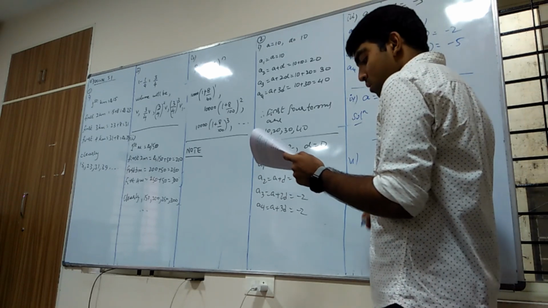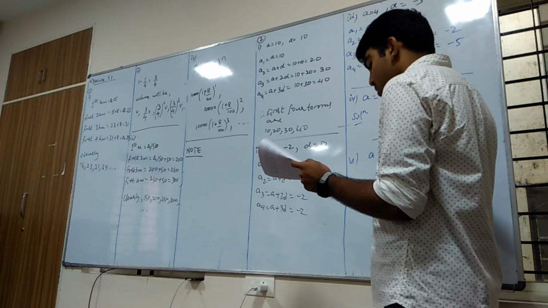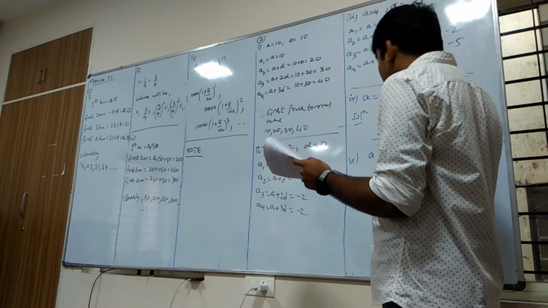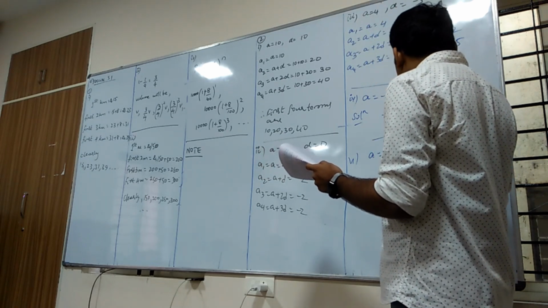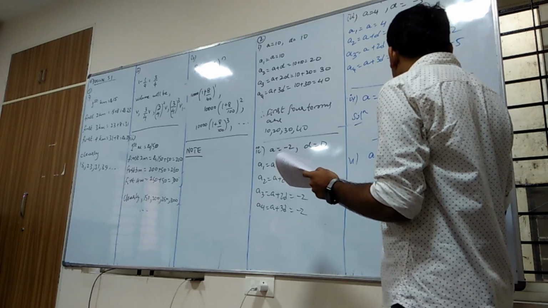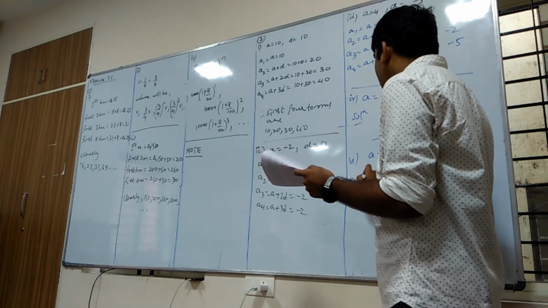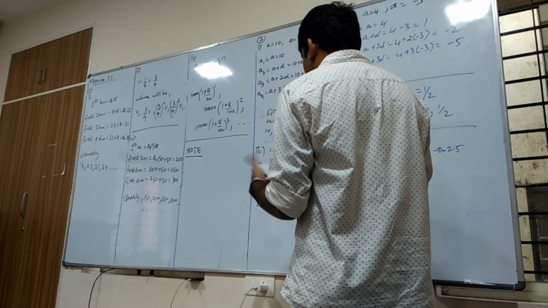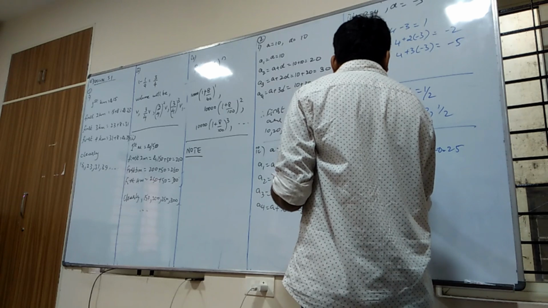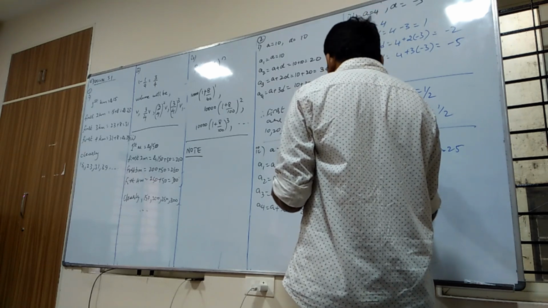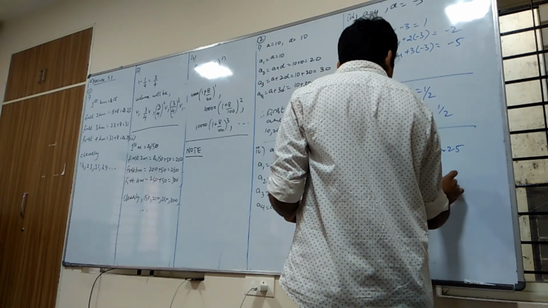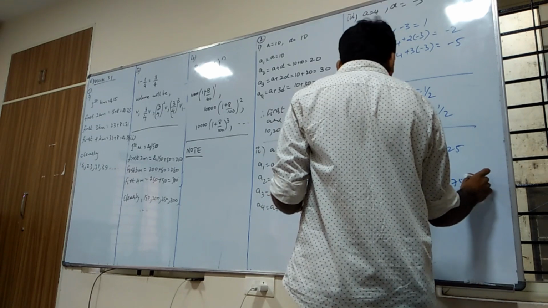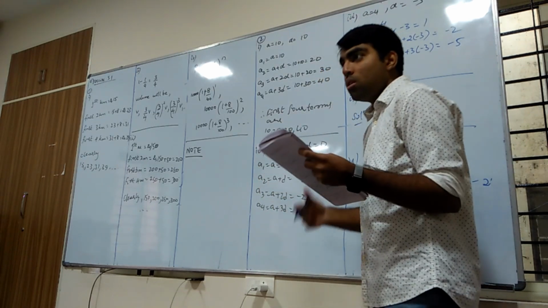Fifth one: a is equal to minus 1.25, d is equal to minus 0.25. You can solve this? The final answer will be minus 1.25, minus 1.5, minus 1.75, minus 2.